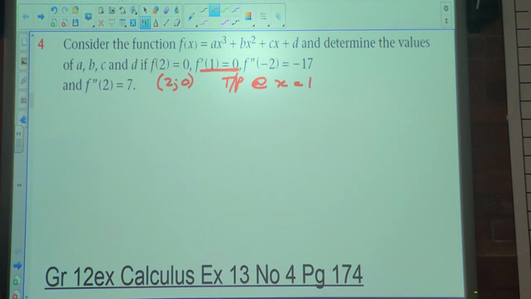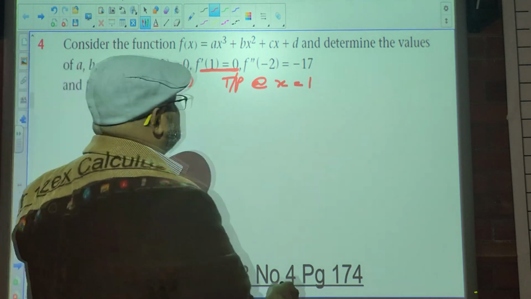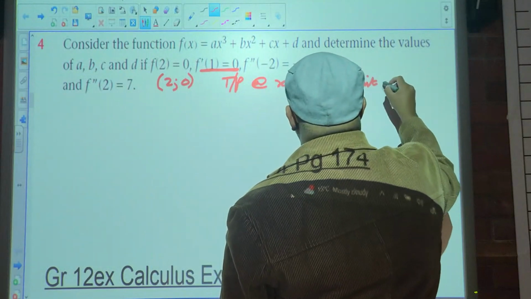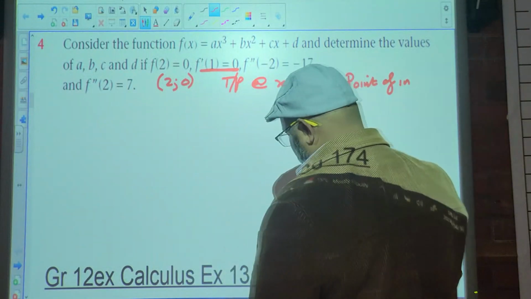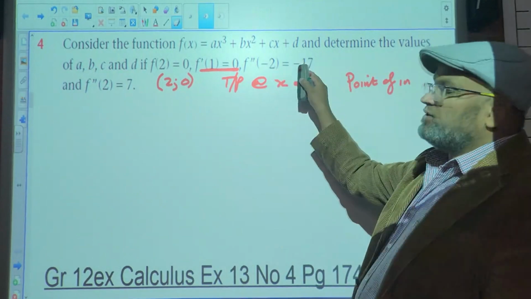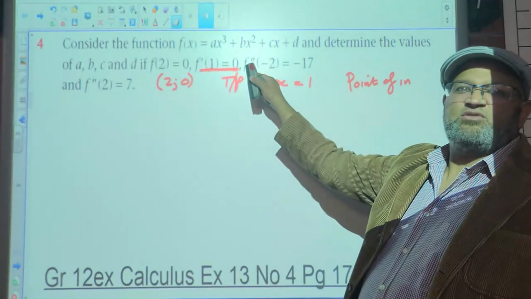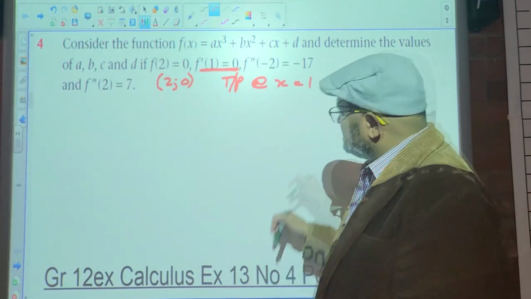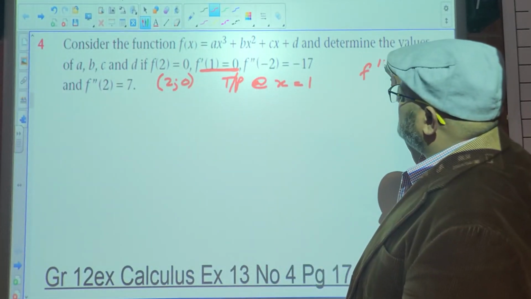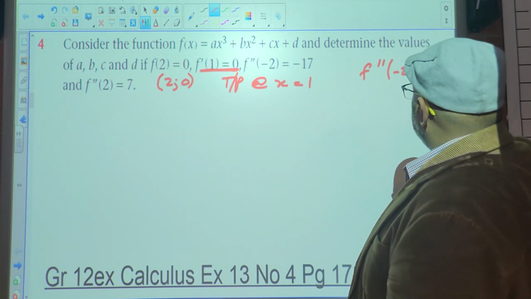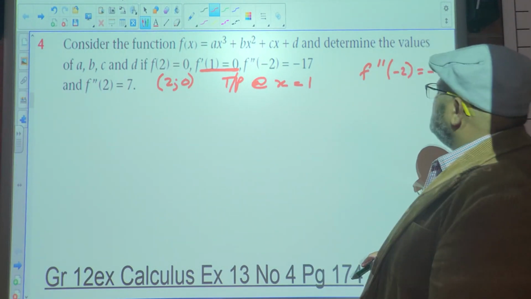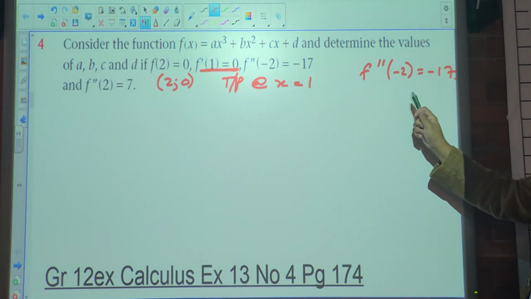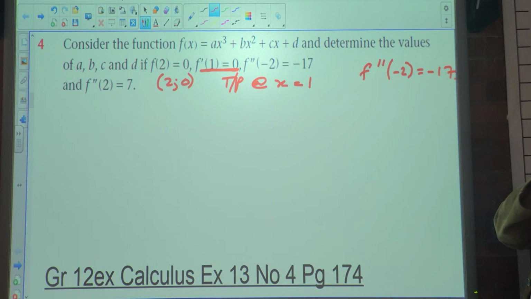Okay? Then this has a point of inflection. If this was equal to 0, it would have been a point of inflection at x equal to minus 2. Not so? So this is f double dash of negative 2 is equal to negative 17.